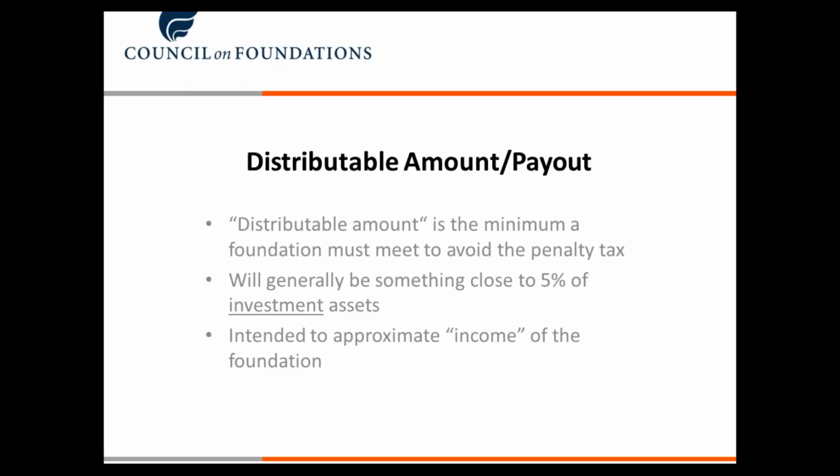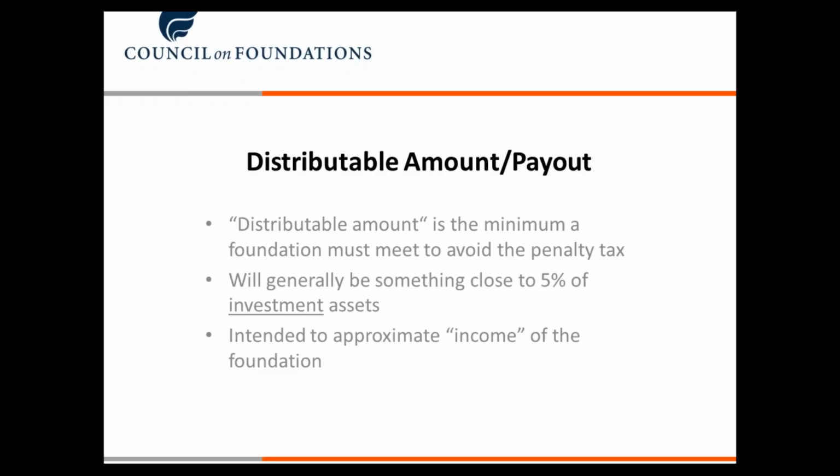So when we talk about undistributed income, we have to talk about the distributable amount. What is the amount you must distribute? It's very often referred to as the 5% payout. And 5% is usually a pretty good estimation of what that amount will be, but it's not always exactly 5%.